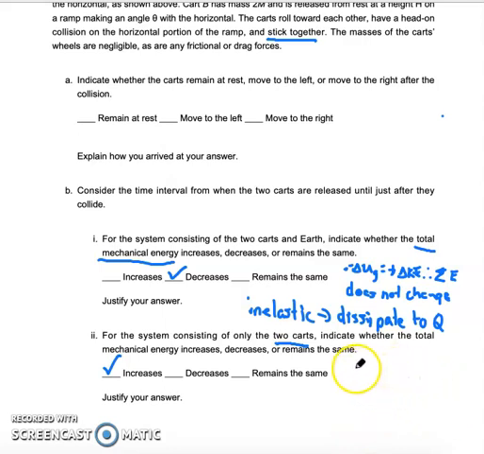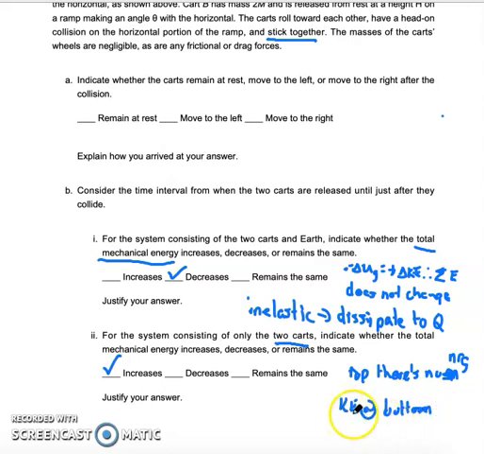So you would make the argument that at the top, on the ramps, there's no energy. They're not moving. And at the bottom, they have kinetic energy. Even if they collide and dissipate some, they still have some kinetic energy.